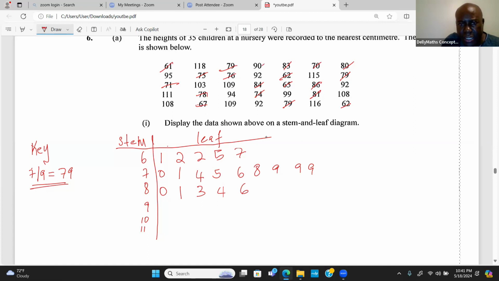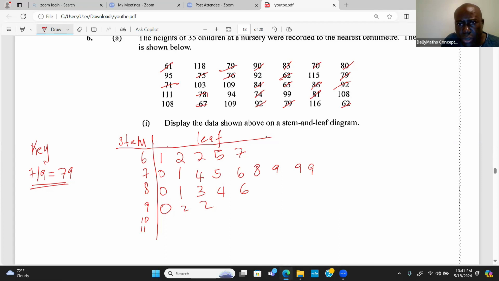Now the 90s. I see a 90 there. I didn't see any more. 91, I don't see 91. I see 92, two 92s. Is there any more?